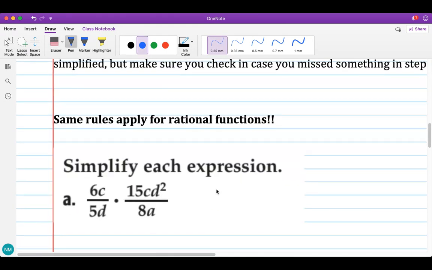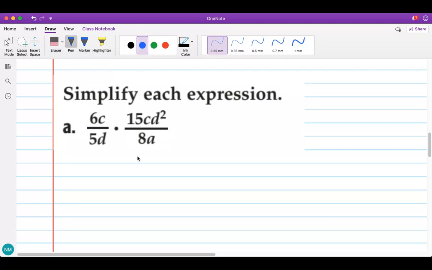So let's do some problems. Simplify this expression. We're going to cross simplify anything that is similar. We can also simplify numerator and denominator on the same side, but these don't have any common factors. So we're going to look here: 6c and 8a.